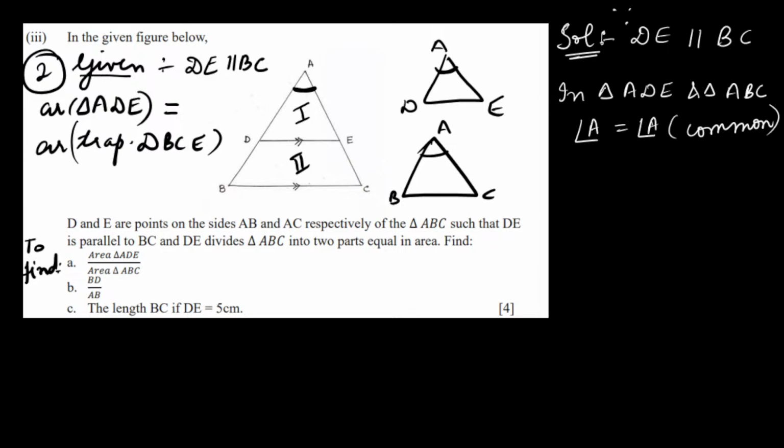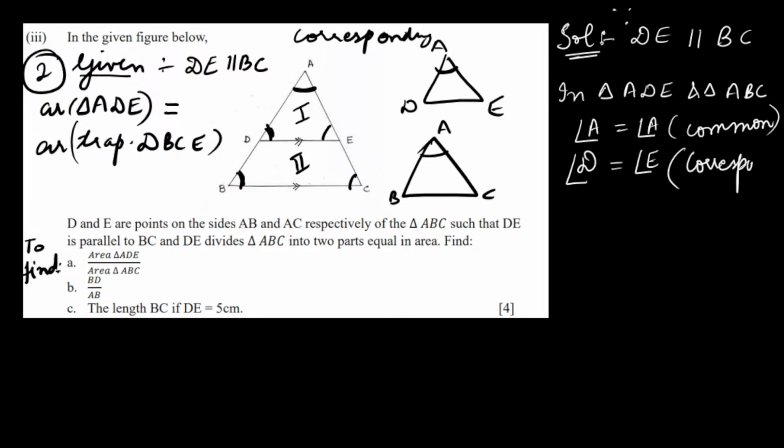So angle A is equal to angle A, common. Then here if you see angle B is equal to angle D and angle E is equal to angle C. These are corresponding angles. I have already explained corresponding angles earlier: angles on the same side of the parallel lines and the same side of the transversal. So these are corresponding angles.